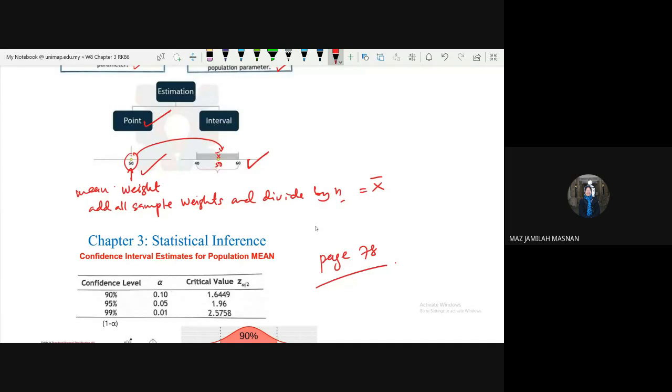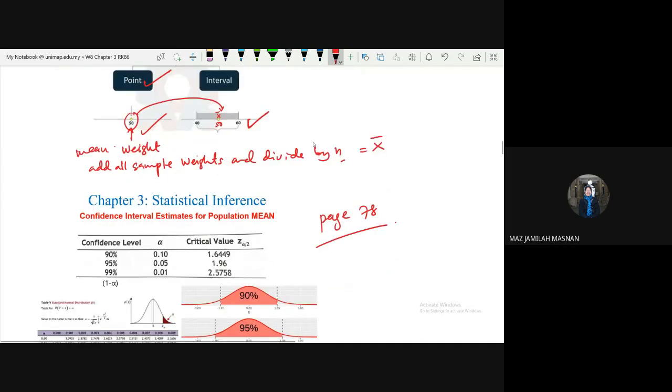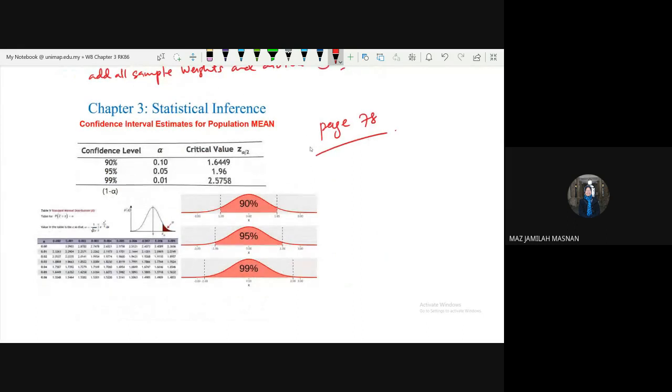So how are we going to deal with the interval? This is what is elaborated on page 78, the confidence interval estimate for the population mean. Let's begin with the population mean first. When we talk about confidence interval, afterward I'm using CI, which stands for confidence interval.